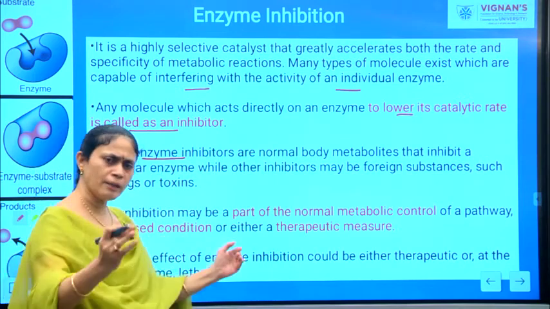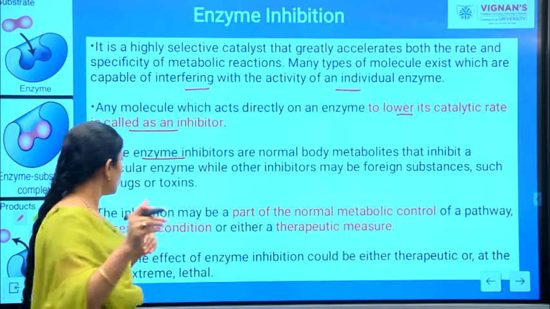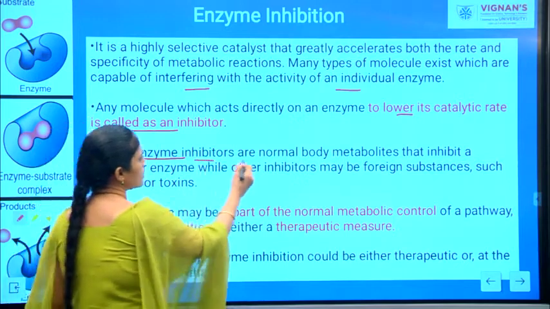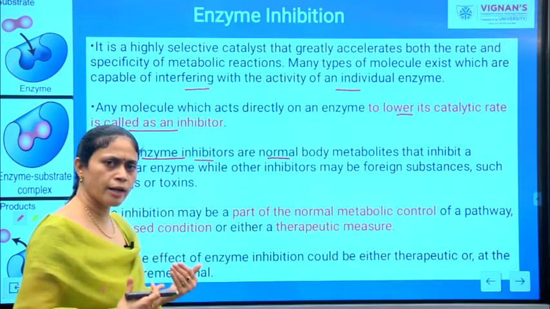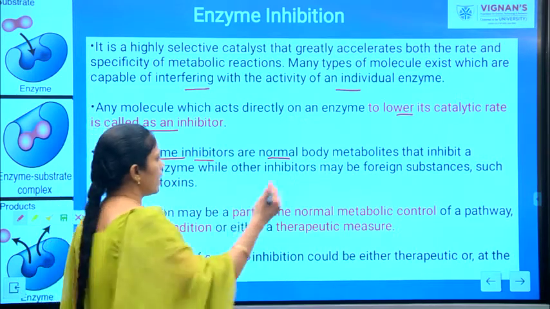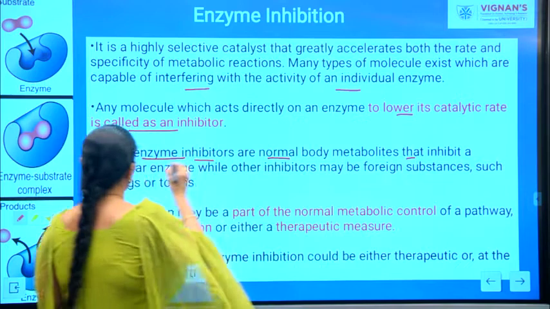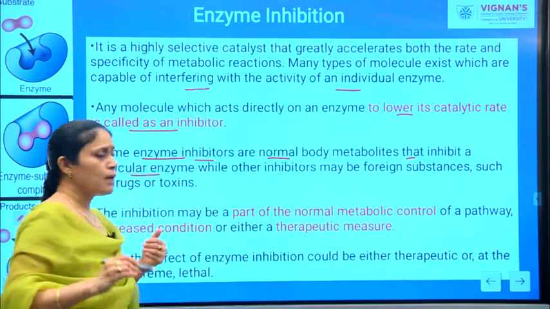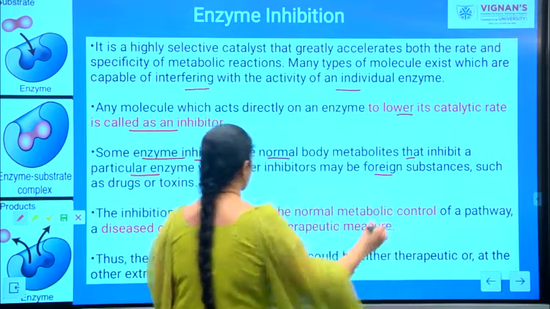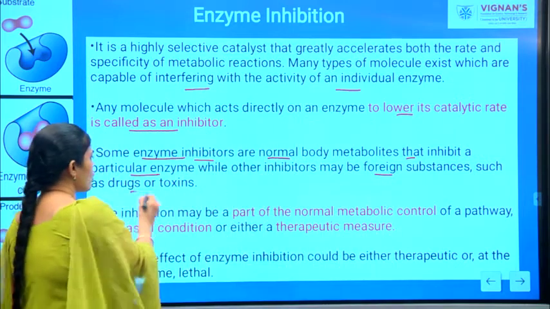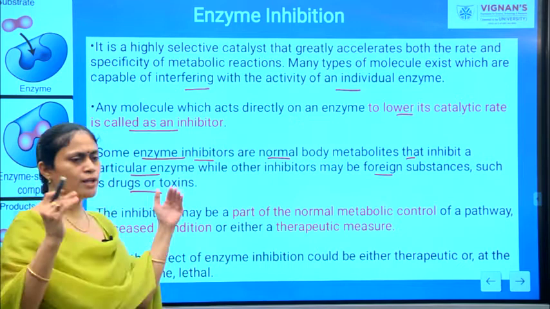Some of the inhibitors are naturally available. Some enzyme inhibitors are normal body metabolites, present inside our body, that inhibit a particular enzyme, while other inhibitors are foreign substances such as drugs or toxins.